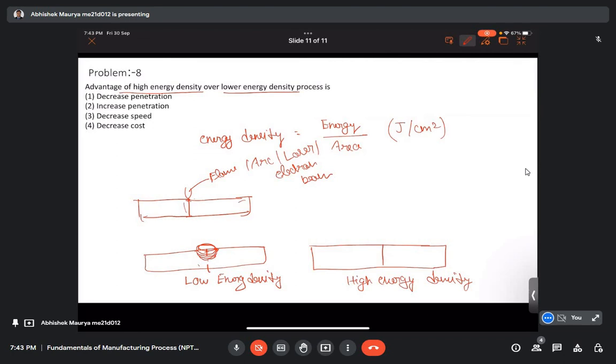Since for a given area we have low energy, we have to provide energy for a longer time in order to melt the material. Since the energy keeps on transferring everywhere, a larger heat affected zone will be present in the case of low energy density.